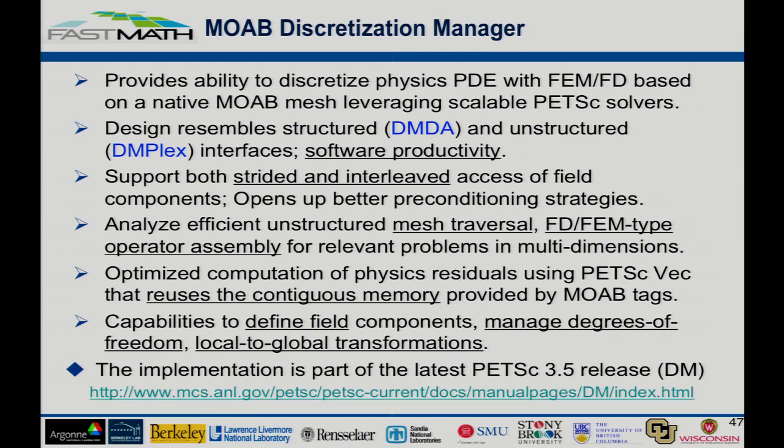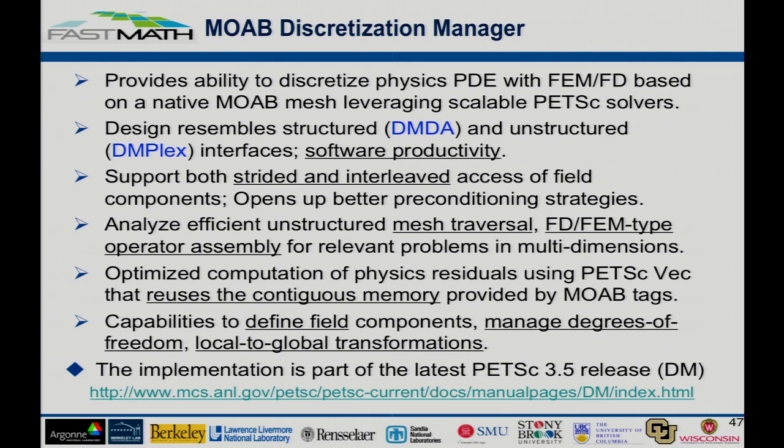We can use that contiguous in memory data and define a PETSc vector right on top of it, and it seamlessly gets into the whole framework of the solvers, and the user doesn't necessarily have to do any sort of memory management.